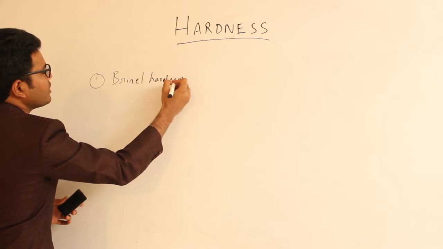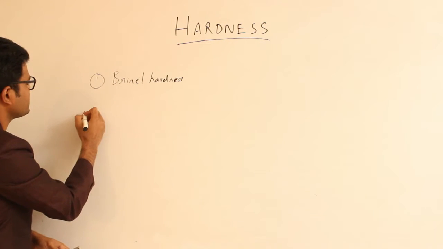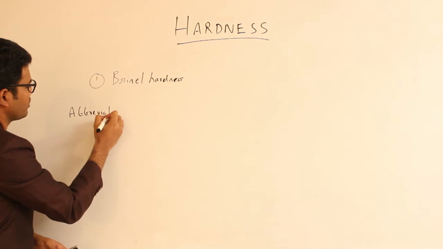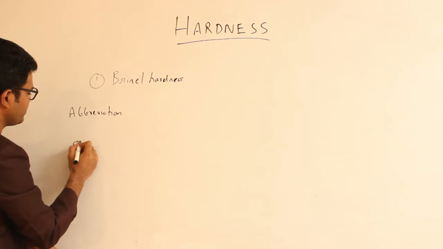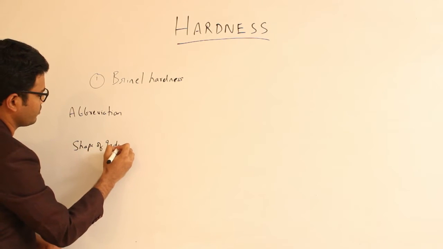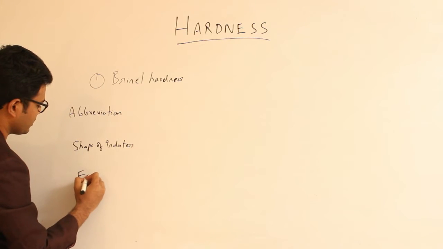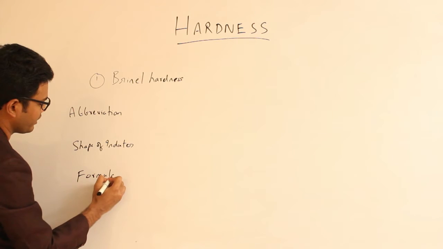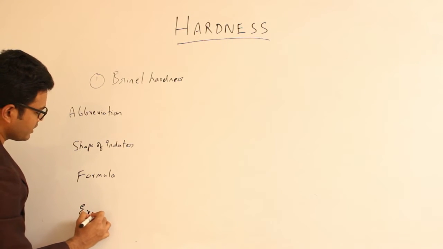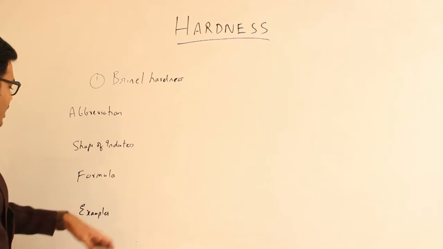For the sake of convenience, let's divide each hardness into certain subheadings. First one is abbreviation, second one is shape of indenter, third one is formula, like how we calculate the hardness, and last but not the least, examples, like what materials are being used in order to evaluate the specific hardness.